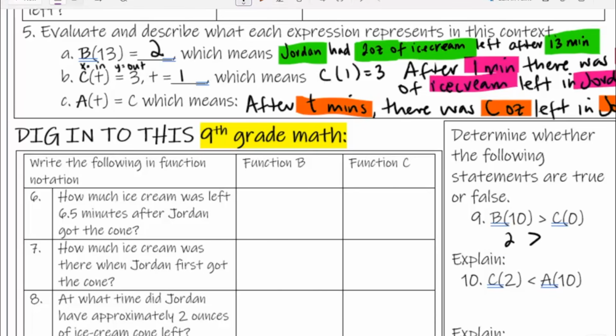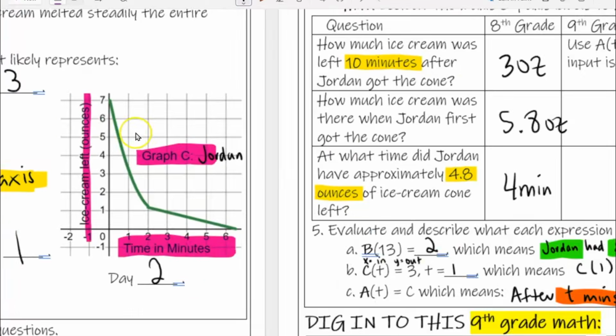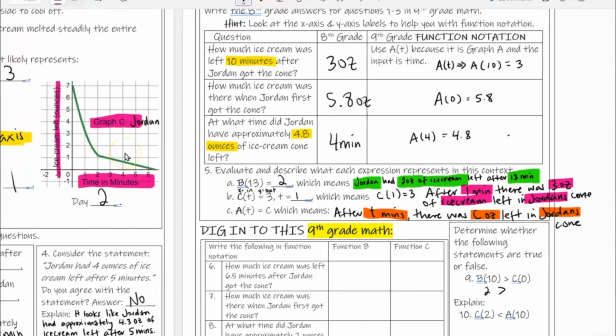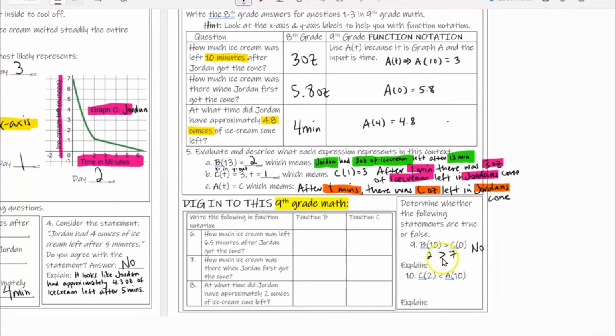Is 2 greater than C of 0? I go to graph C at 0: about 7 left. Is 2 greater than 7? No. So you're going to show me what C of 2 is equal to, what A of 10 is equal to, and then answer if whatever answer you got here is less than that one. Don't worry about explaining, just write what it is and yes or no. All right. Let's practice.